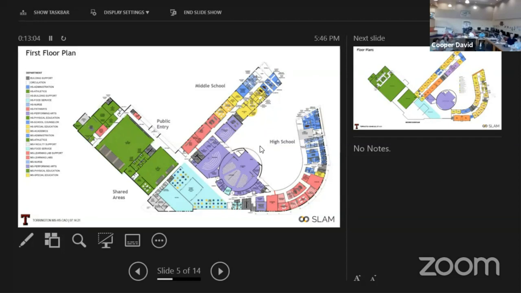Middle schoolers go to the middle school gym, they're crossing here to get into this gym or into their locker rooms. High schoolers are coming across here to get to their locker rooms or their gym. So the intersection is really here at the end of that middle school corridor.